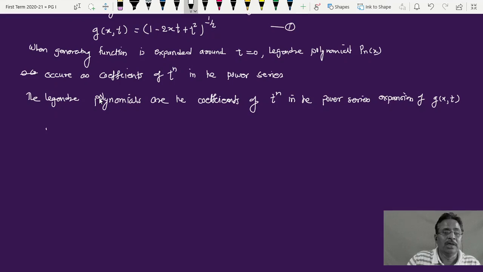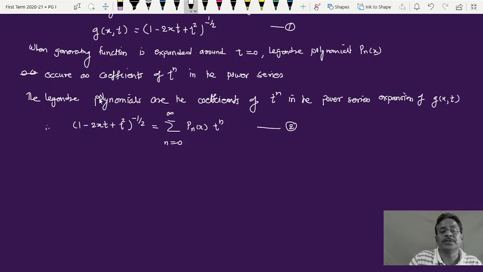So that's what is mathematically mentioned by this: (1 minus 2xt plus t squared) raised to minus half. If it is expanded, we get the power series, the sum from n equal to 0 to infinity of Pn of x multiplied by t raised to n. Call this equation 2.